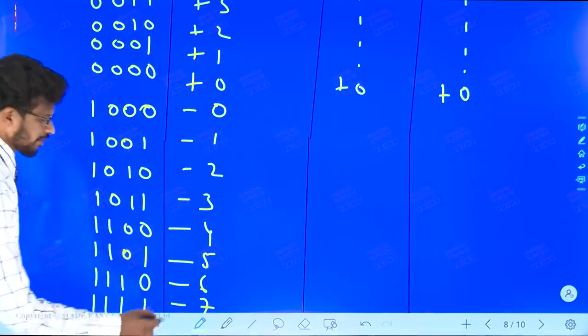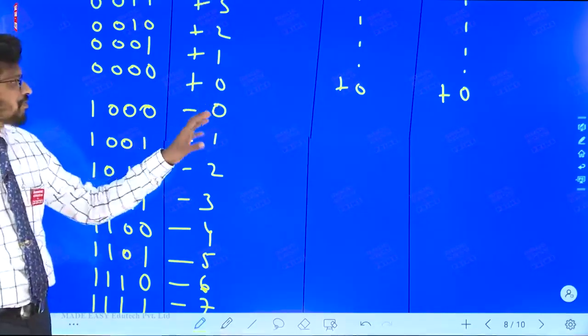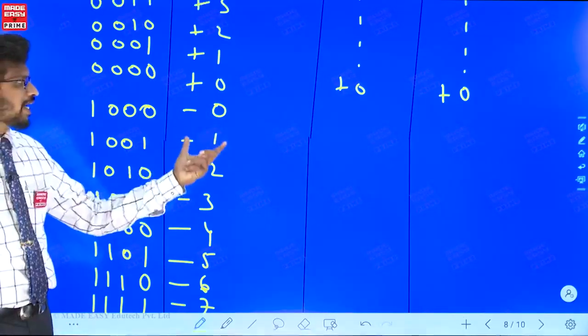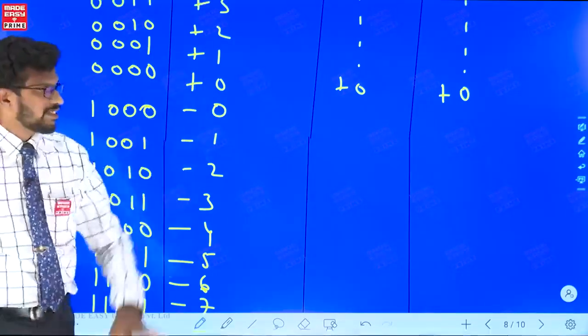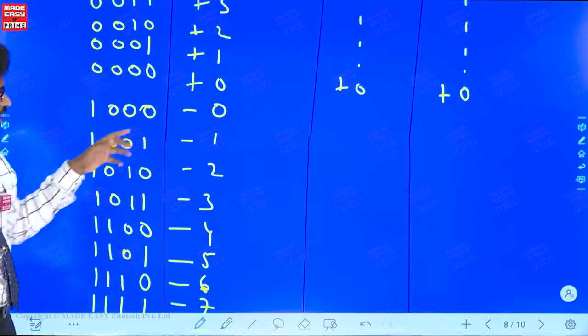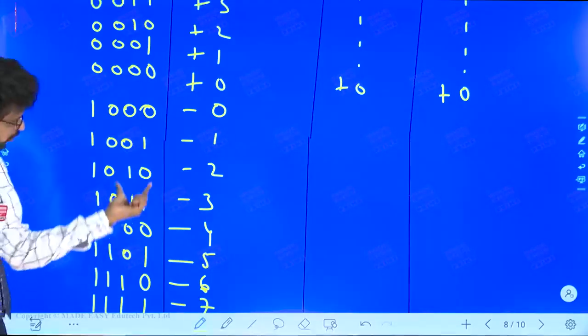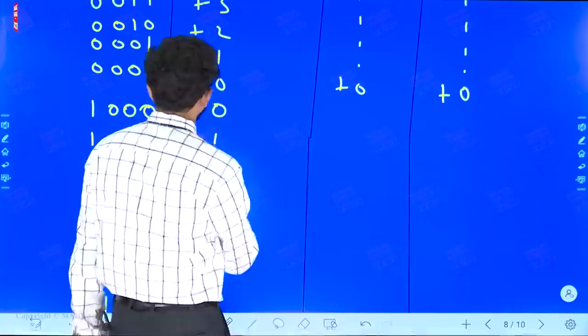Very simple. Observe this. In the sign magnitude method, sign bit 0 is positive in all the 3 cases. In sign magnitude, MSB 1 is simply negative, and the remaining magnitude remains the same, no problem. But come to the next case, observe from here.